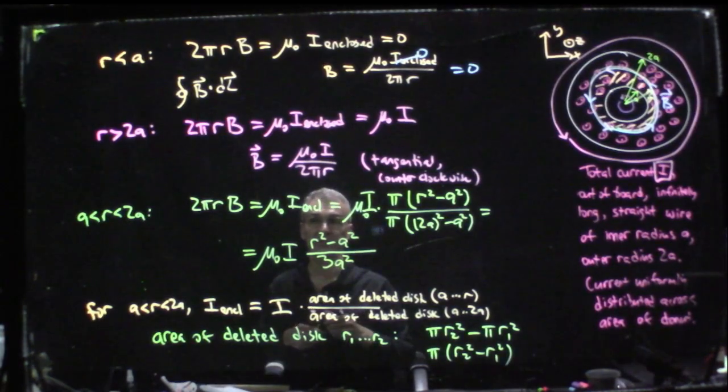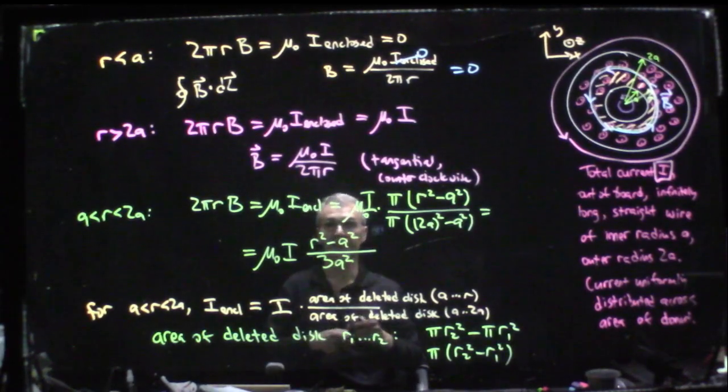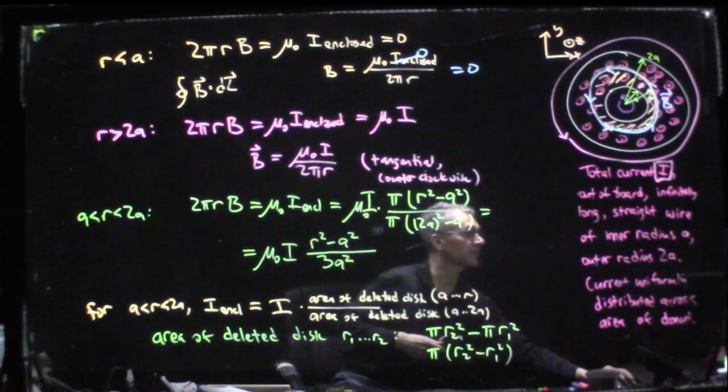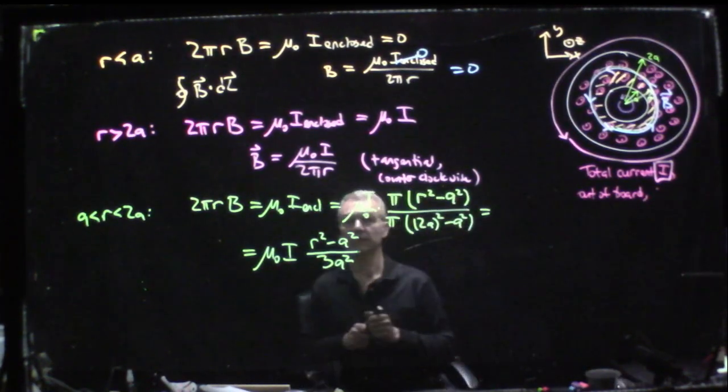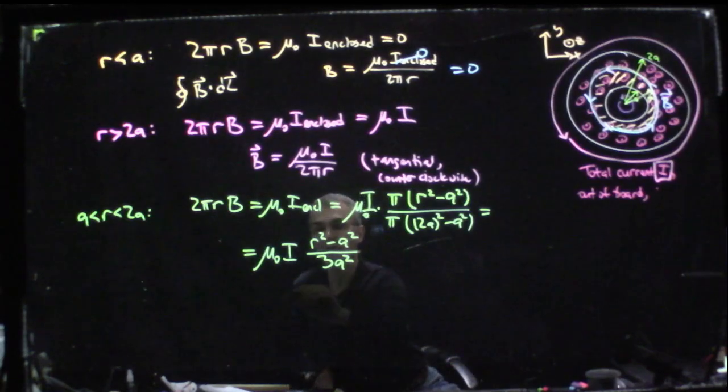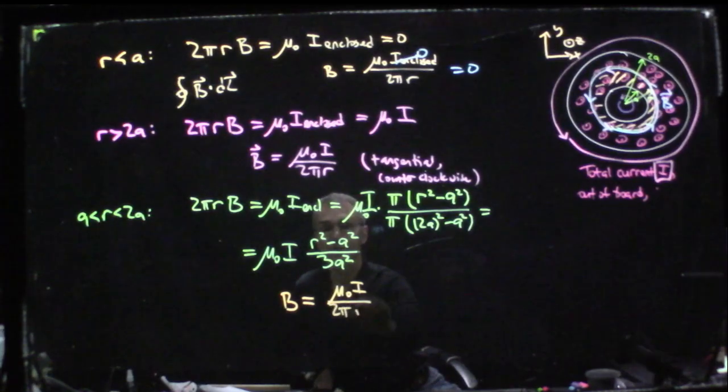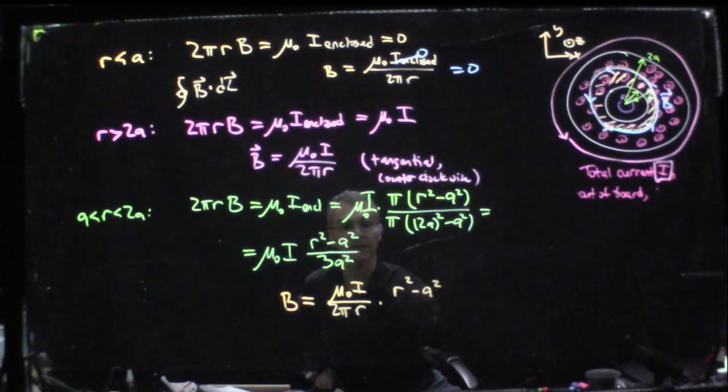So I think this is fine. This equals 2 pi rB. So that then gives us that the magnetic field B has magnitude mu naught I over 2 pi r times r squared minus a squared over 3a squared.